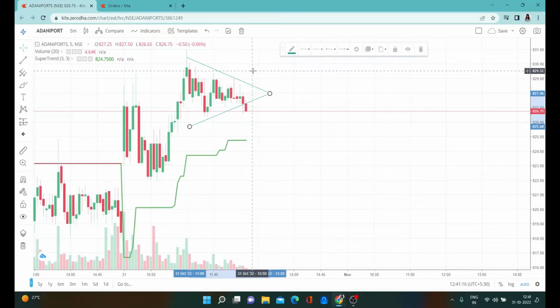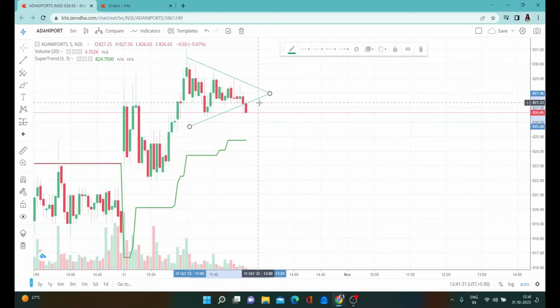Let the candle finish forming. Also, we need to make sure that it retests the trend line. Only then we can take a call. Let's just wait and see.